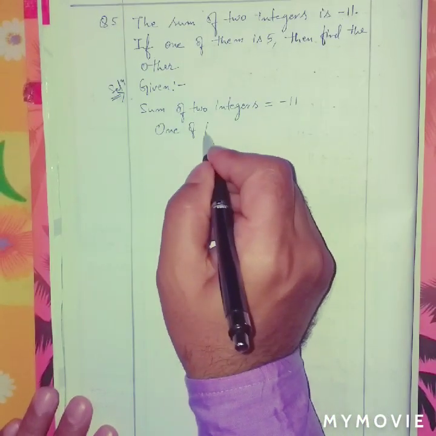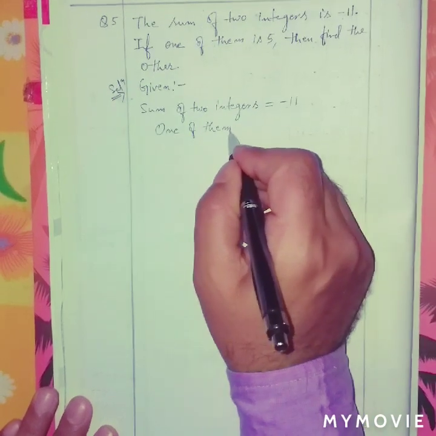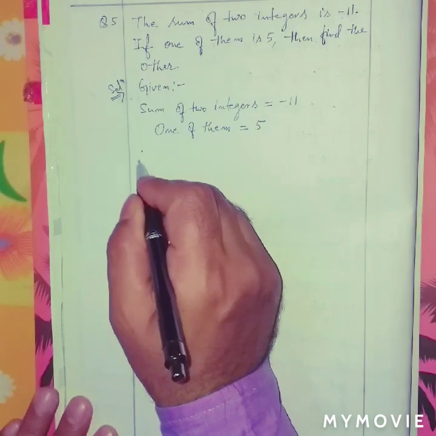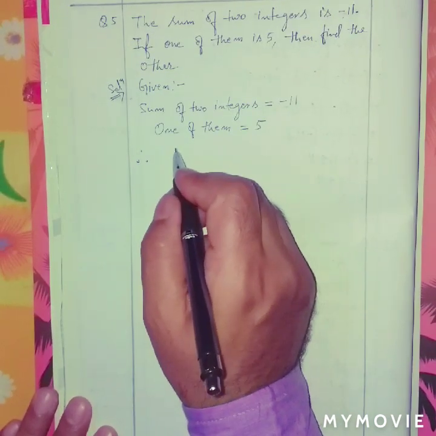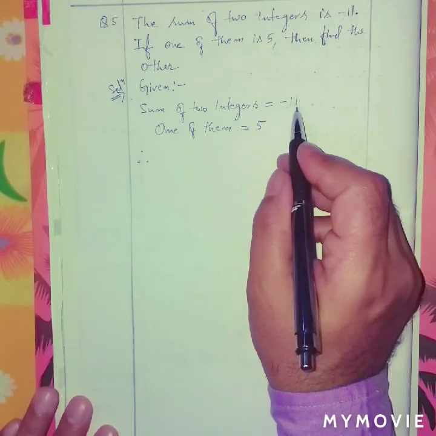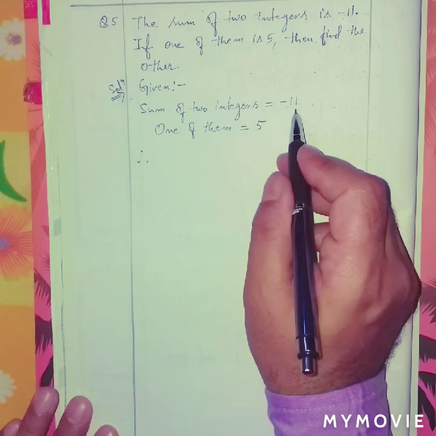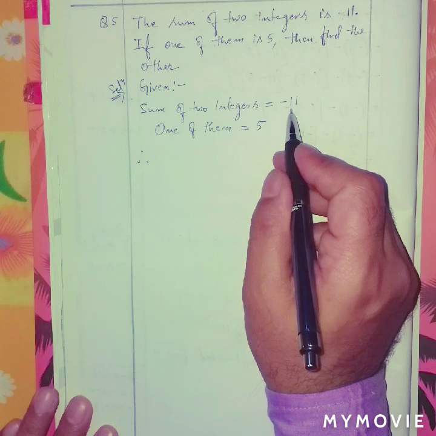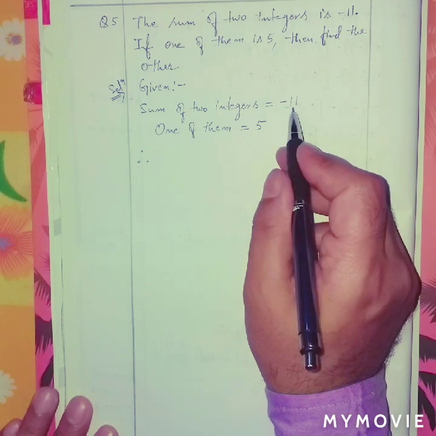One of them is 5. So easily one can understand the other number will be this minus the sum, one number minus the sum.